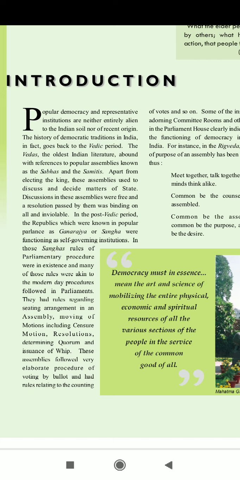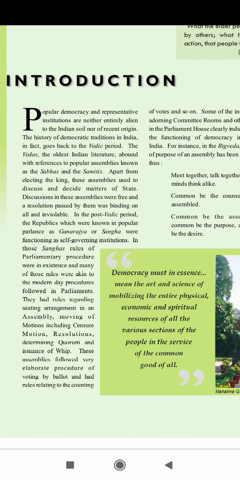So, initially, we had the Vedic period where we had the popular assemblies known as Sabhas and Samitis, and later on, after the Vedic period, there came the republics known as Ganarajya or Sangha. So, these are the self governing institutions.